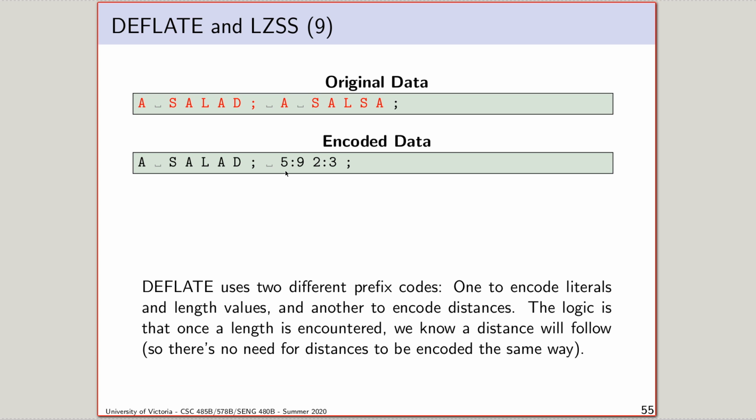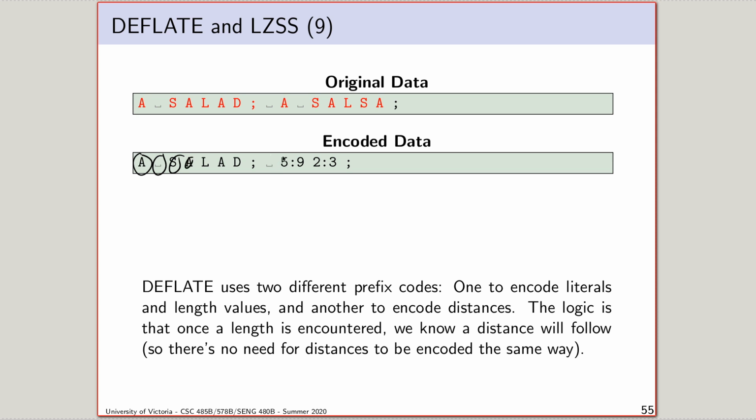It uses two different prefix codes, so two different alphabets with completely separate encoding tables. One of them encodes all of the possible literal characters, so all 256 one-byte characters, and also values for lengths. So all lengths and literals go into one alphabet. A separate coding table is used to encode distance values. The logic is that I'm decoding, and I assume I'm always decoding a literal or a length, so I decode this, and I keep going.